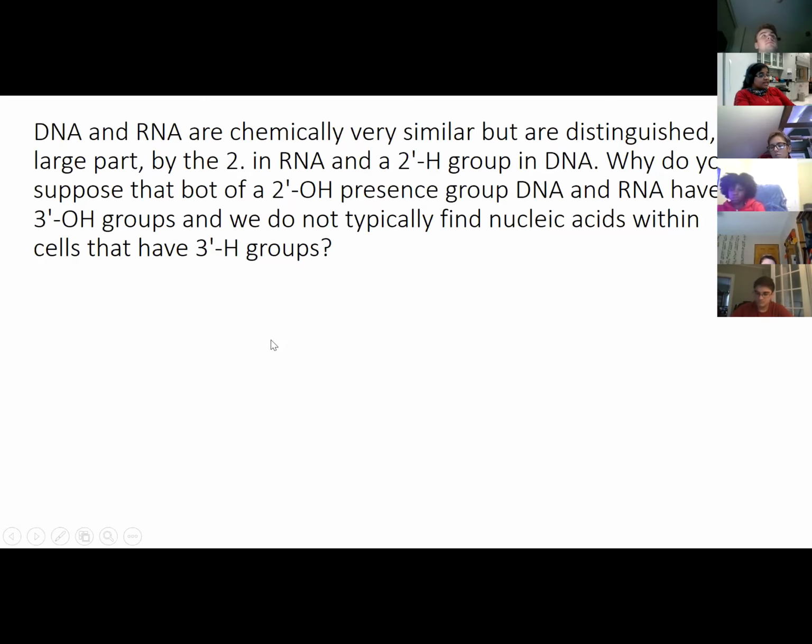With deoxyribose, the 2' hydroxyl group in RNA gets replaced, so you don't have an oxygen in the 2' carbon. So with that, why do we never see a 3' hydrogen group instead?